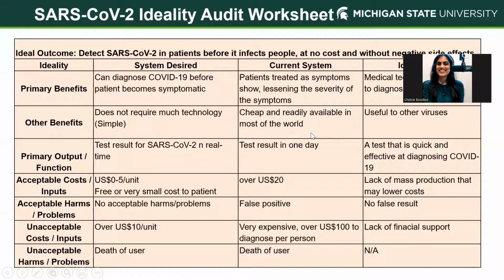Say you have a current system that costs $20, and you can develop a test that is only $3 or $5. That is innovation, because now you can mass produce that and make money. So by identifying the system you desire and assessing what's current, the ideality gap could lead you to innovation.